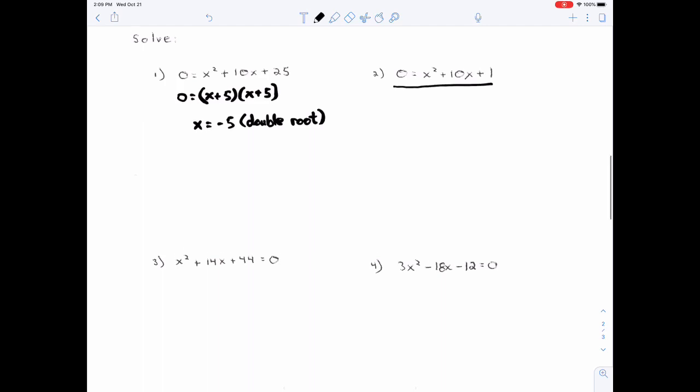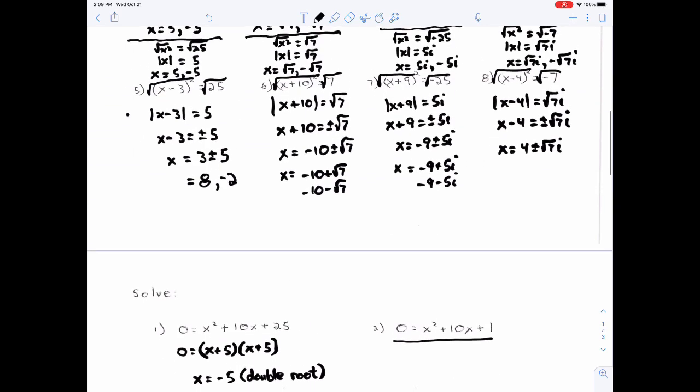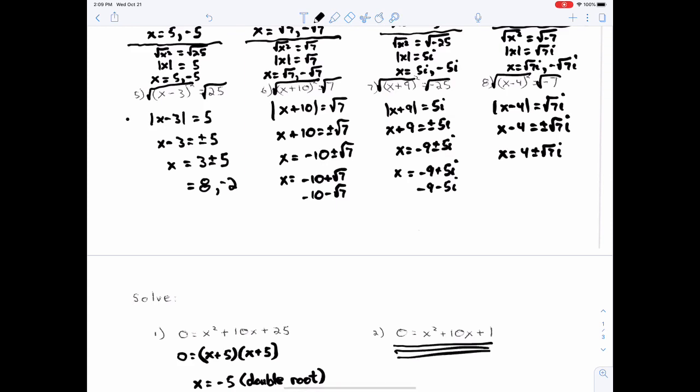And here's the idea. If you can make this problem look like 5, 6, 7, or 8, then you can just finish it off, take the square root, et cetera, okay? So I want to make number 2 look like 5, 6, 7, or 8, because they all kind of look the same, okay?